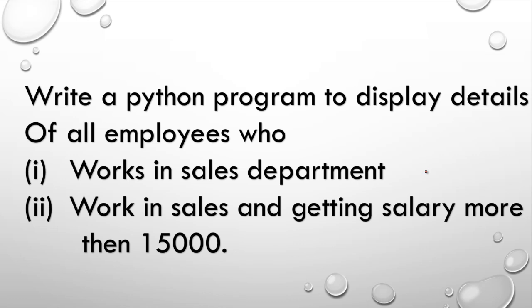Okay, so we have to make two programs. In the first program we are going to show the records of all those employees who work in the sales department, and as I told you, the second one, that is the format method, is basically the newer form. So in order to perform all our questions, we basically use the second form only.